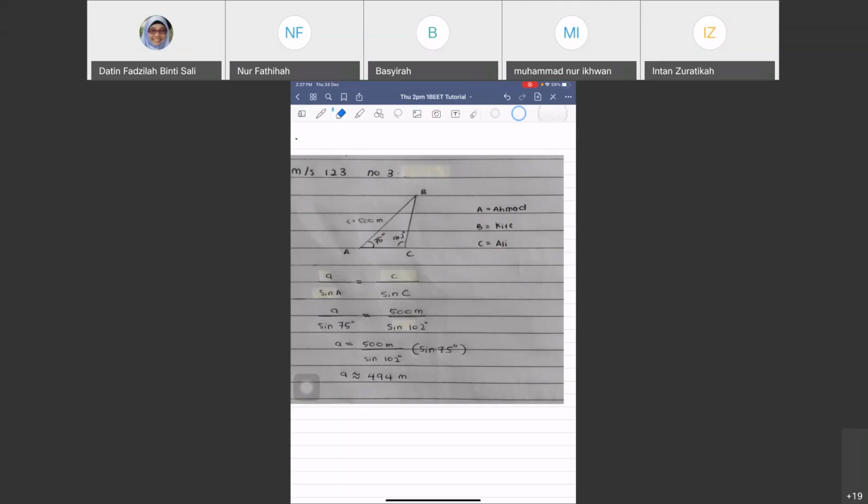But what information you can dig out from this question is that you have a diagram there.